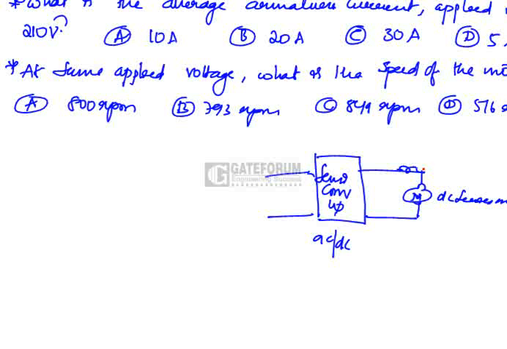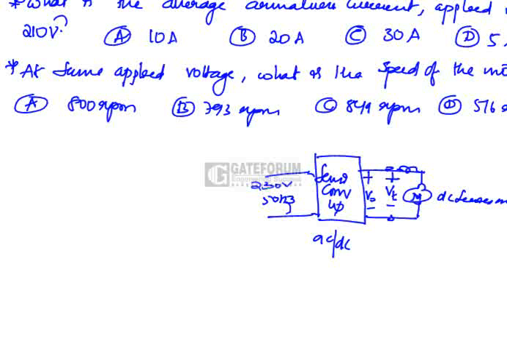Here we have a field winding in series with the DC motor. Now let us take this as the output voltage of the converter, and this is the input terminal voltage to the motor. He has supplied 230 volts 50 Hz at the input side of the single phase half control rectifier.